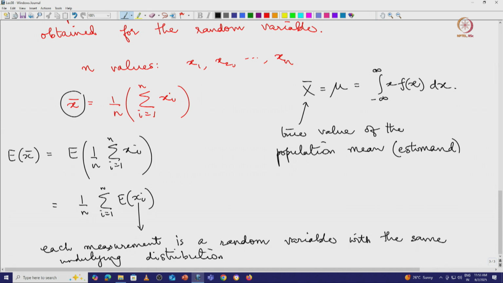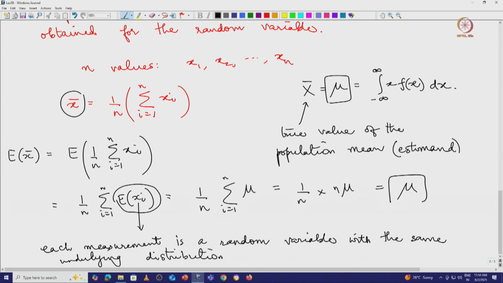So, what this means is that the expected value of xi will simply be equal to mu. So, this becomes 1 over n sum i going from 1 to n mu. So, that becomes 1 over n times n mu, which is equal to mu.